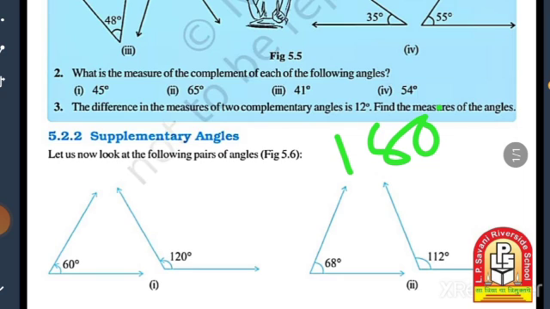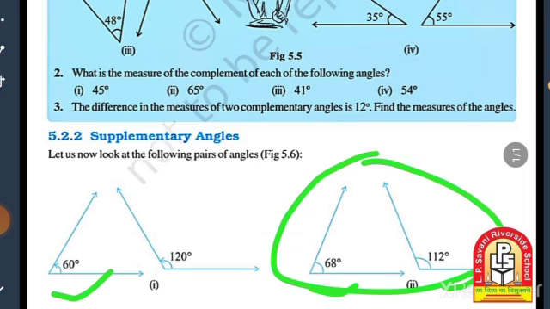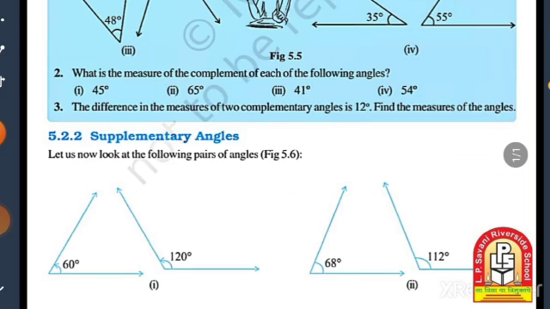Supplementary angles have a sum of 180. So these two are supplementary angles. Here 68 plus 112 is also a supplementary pair because these two angles have a sum of 180. In this way you can find supplementary angles.